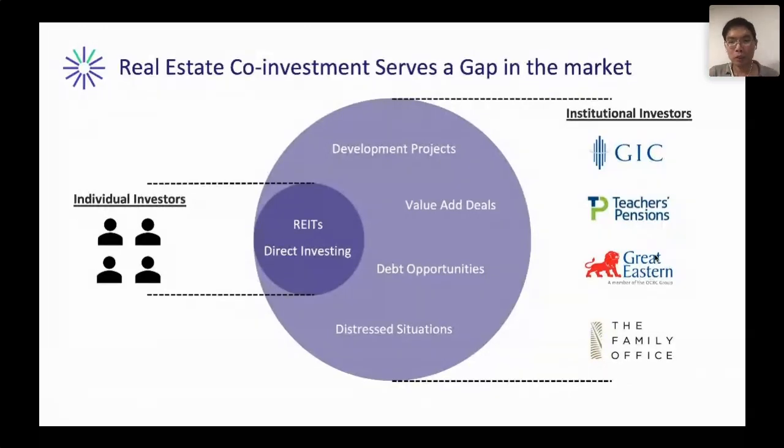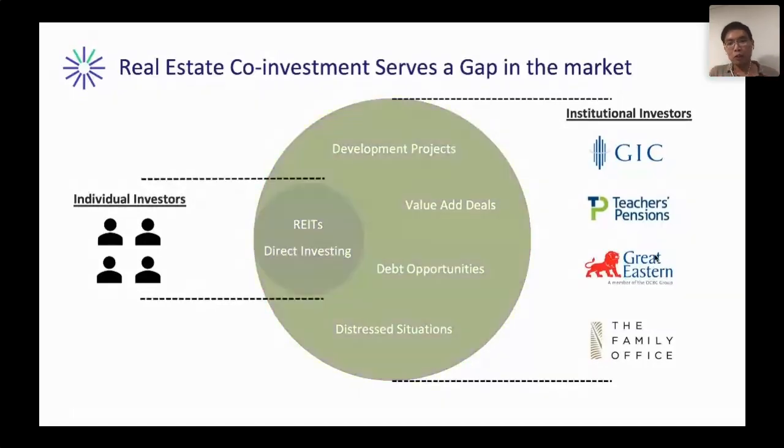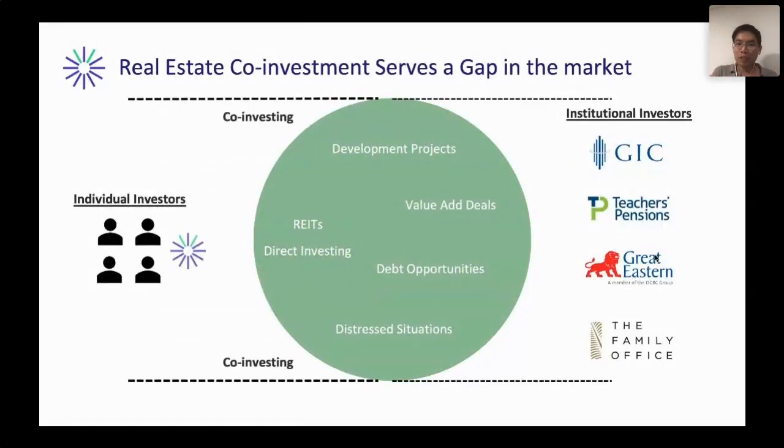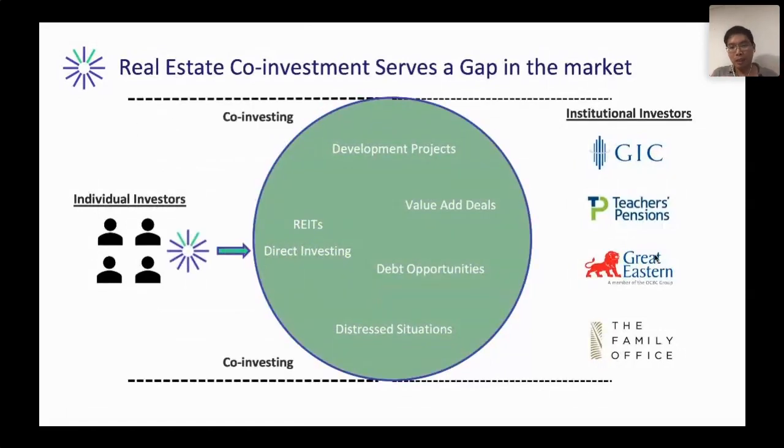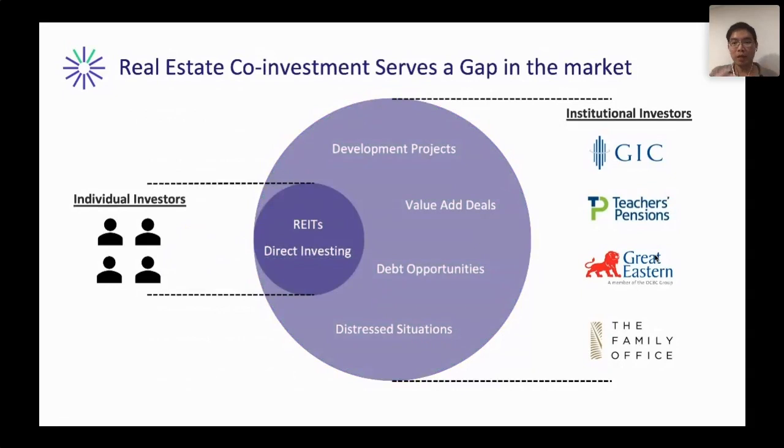Or they can go into value-add deals, so lease-up opportunities, or, for example, redevelopment and property repositioning. Next, they can also go into debt opportunities, such as commercial mortgage-backed securities and mezzanine loans. And lastly, they get to invest in distressed deals and distressed assets.